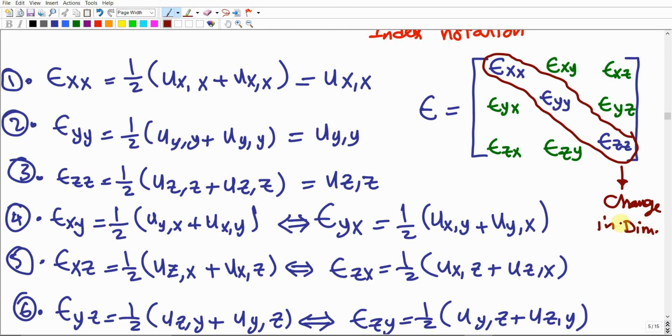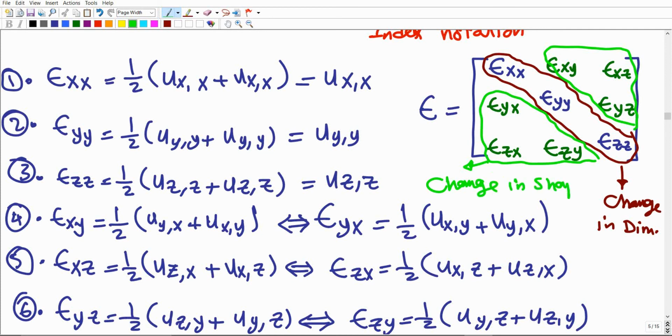Because of what? Because of the external force. And the other components, the off-diagonal components, these ones, and definitely in addition to the other off-diagonal components, describe a change in shape of the object.